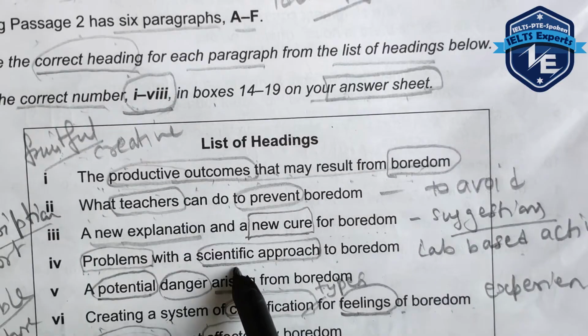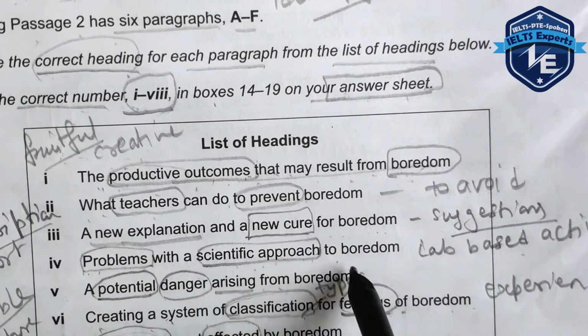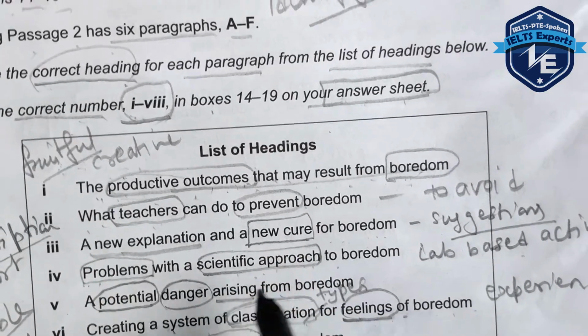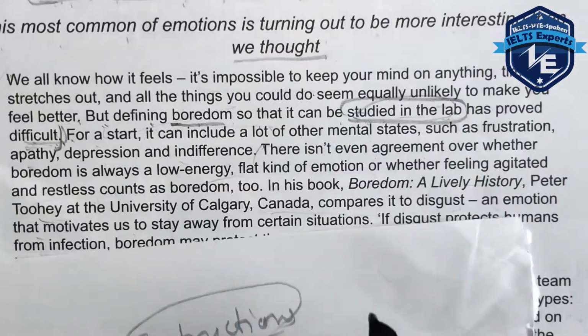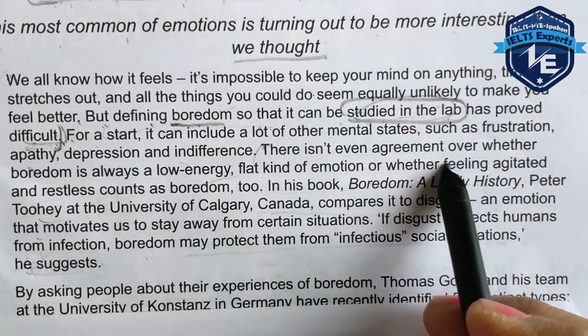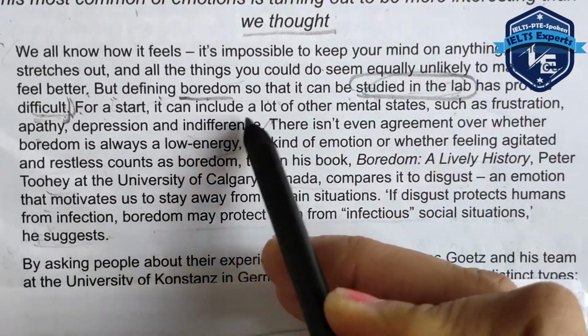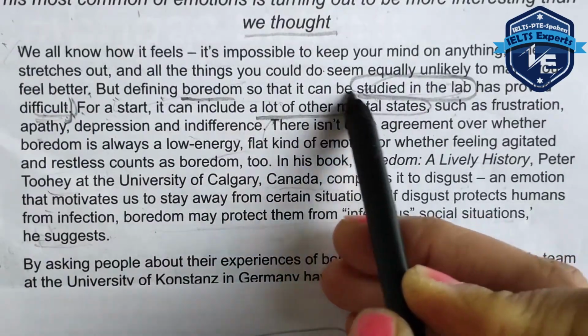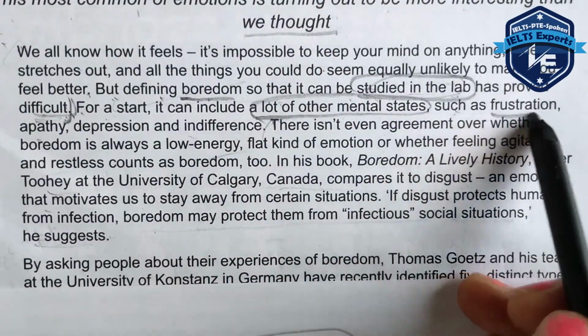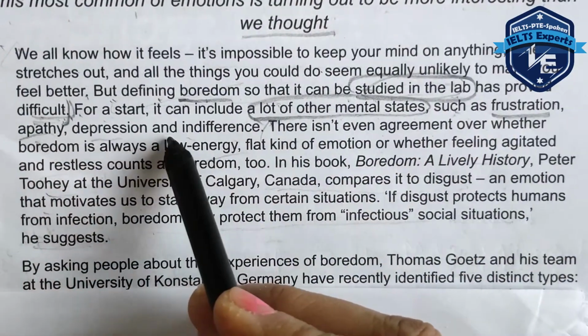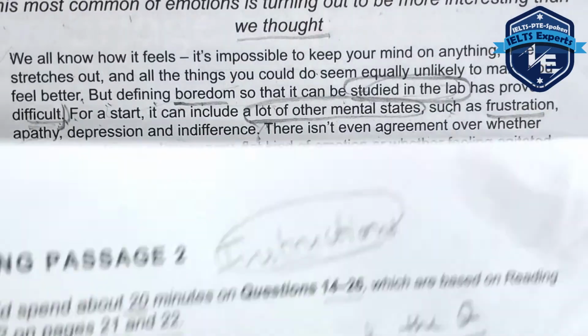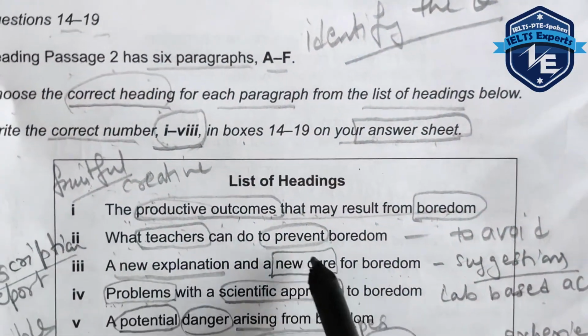Scientific approach, the research has been done for the special topic. Now what are the problems here? We can get the problems here like a lot of other mental states, such as frustration, apathy, depression and indifference. So let's look at the options.